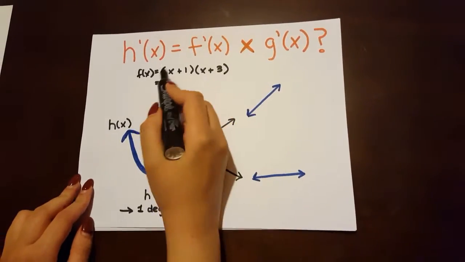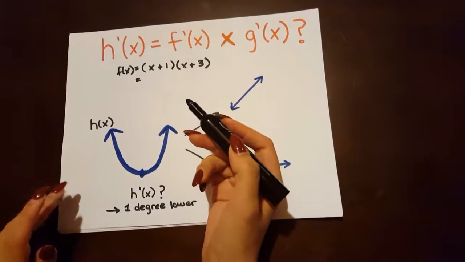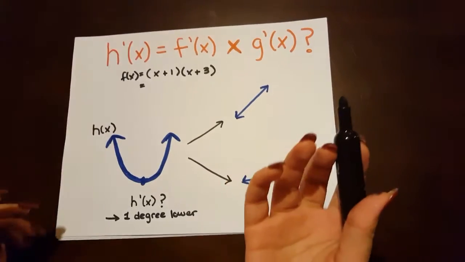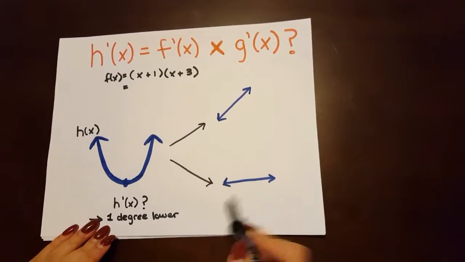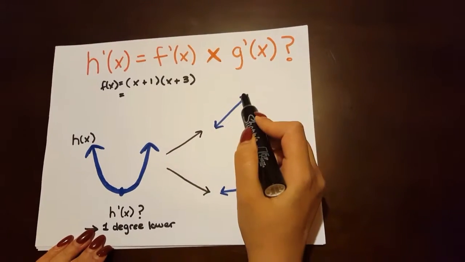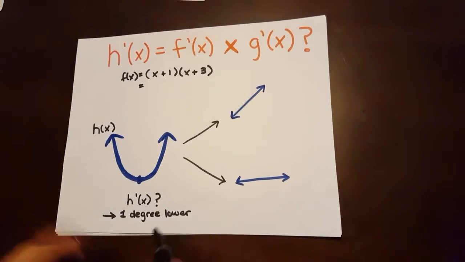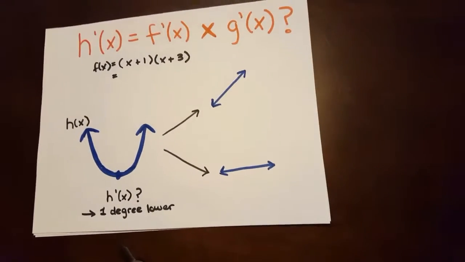But if it's a function with a degree of 2, then from the rules that we know, it's impossible that its derivative would have a degree of 0, as in be a horizontal line. No, it would have a degree of 1, because the derivative is always 1 degree lower than the original function.